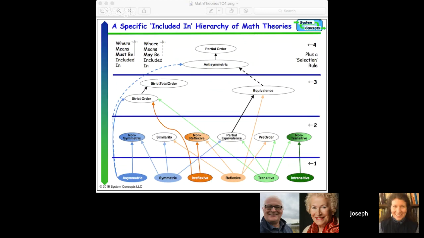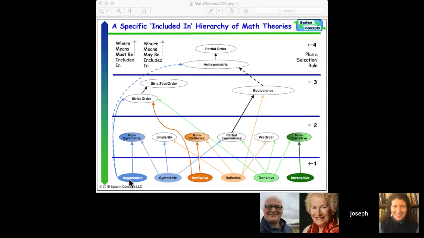So non-symmetric, right? If I just had one relationship that I was talking about, it couldn't be both symmetric and asymmetric. It would have to be one or the other. But if I had a group of these objects, we're talking about the relationship that organizes this group of objects. So we're really talking about organizing relationships here.